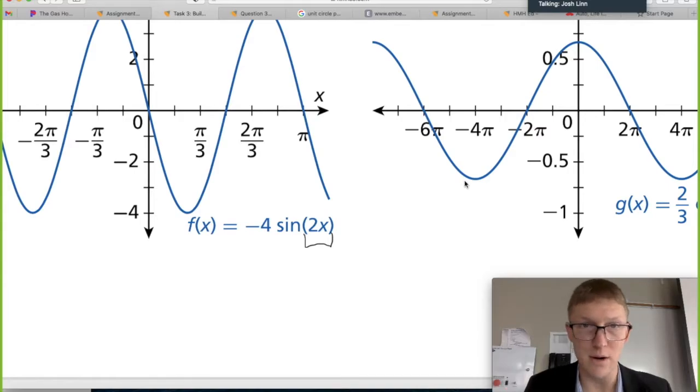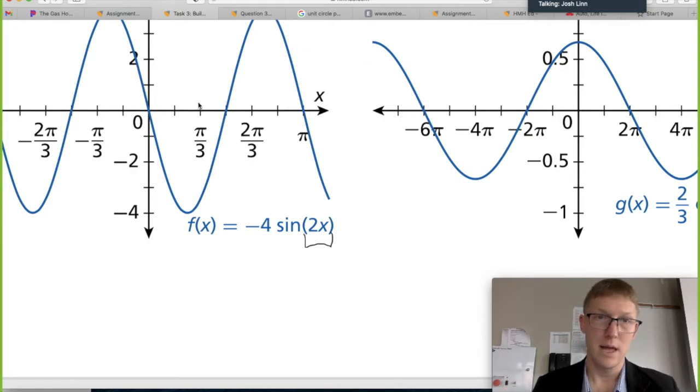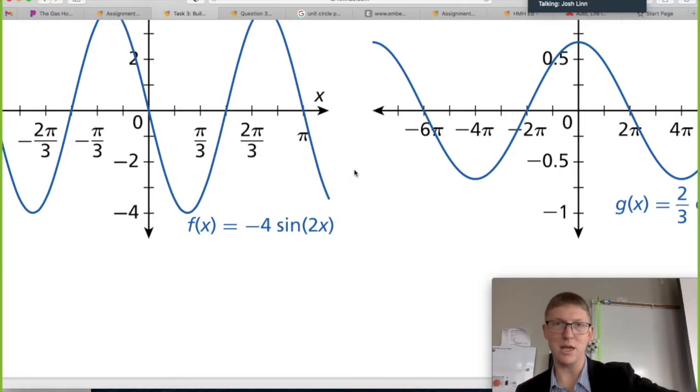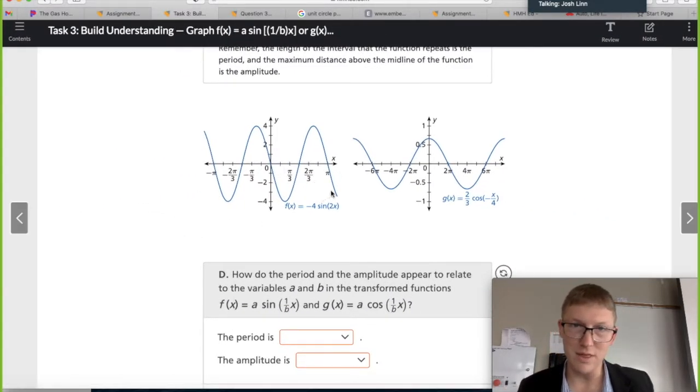With that 2 out there, it's going to hit 2 pi faster, or sine is going to repeat itself faster, so it's going to get smaller. That's the opposite of what I was thinking, but once I think through it, it makes a lot more sense.